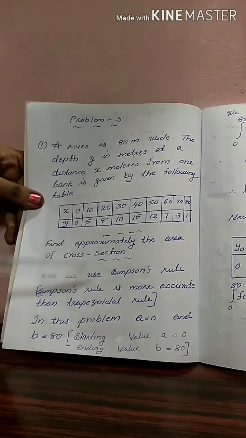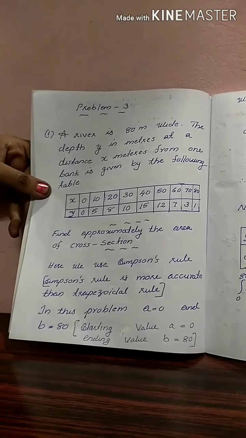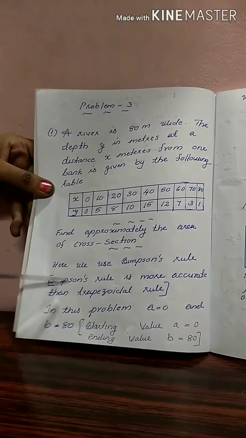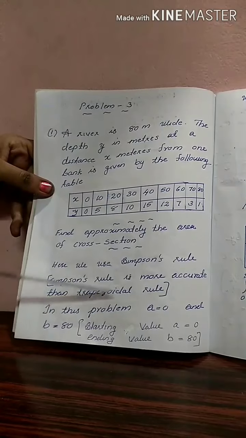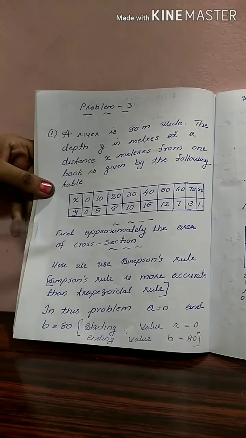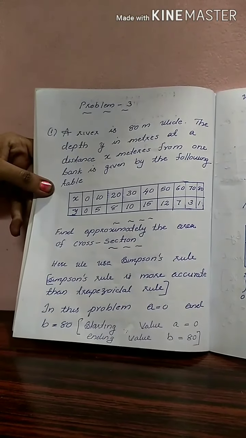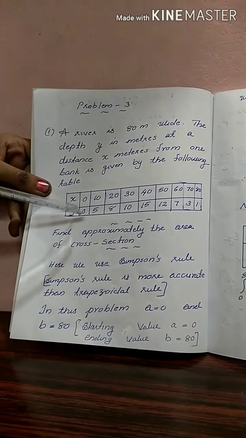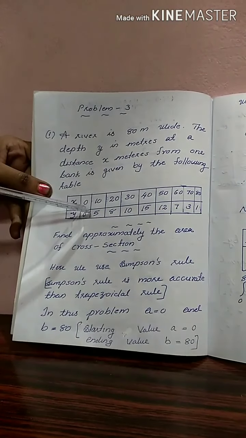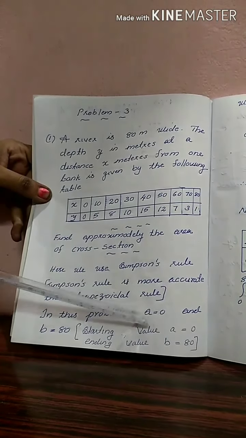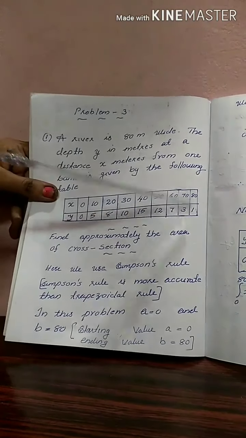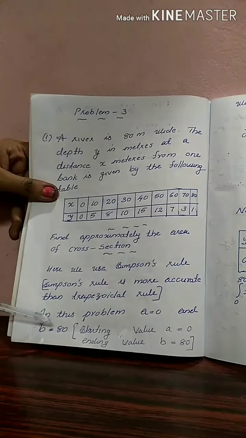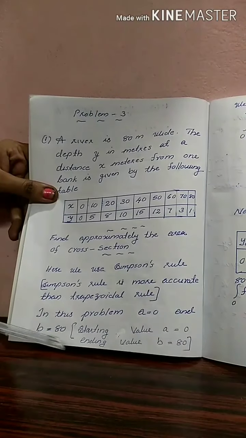Here we use Simpson's rule. Why use Simpson's rule? Because Simpson's rule is more accurate than the trapezoidal rule. In this problem, the starting value a is equal to 0 and the ending value b is equal to 80.